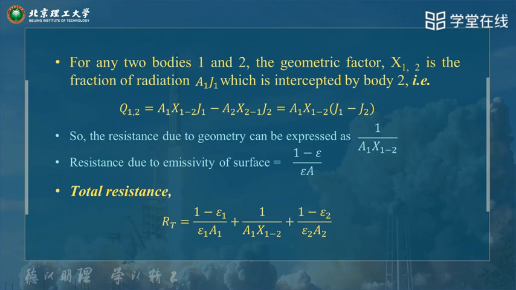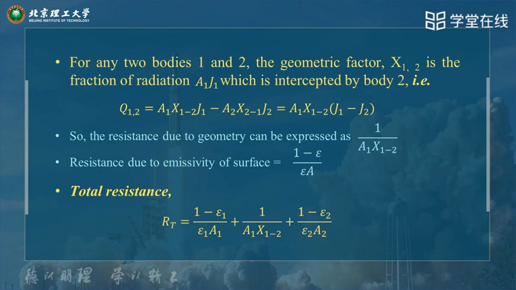For any two bodies, 1 and 2, the geometrical factor x1 to 2 is the fraction of radiation from A1, J1, which is intercepted by body 2.